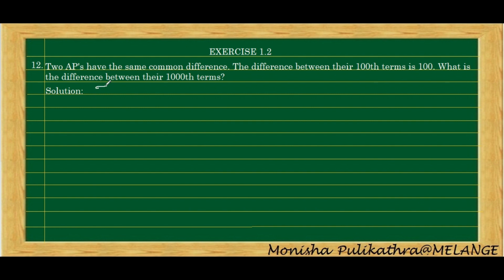So there are two APs according to the question. Let them be AP1 and AP2. Here the common difference is the same. The common difference of both the APs is the same.